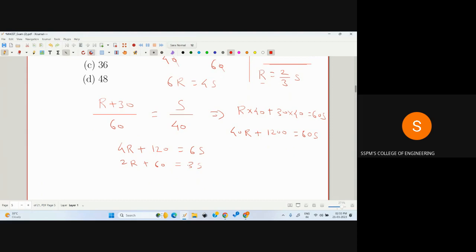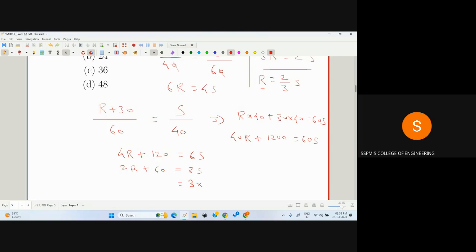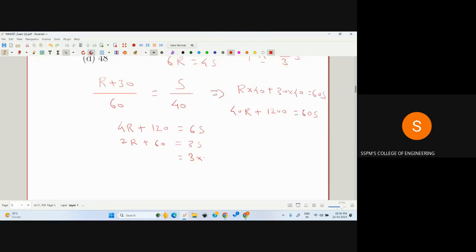So you can replace this S. What is S? S is equal to 3 by 2 R. And the new equation becomes 2R plus 60 is equal to 9R divided by 2.